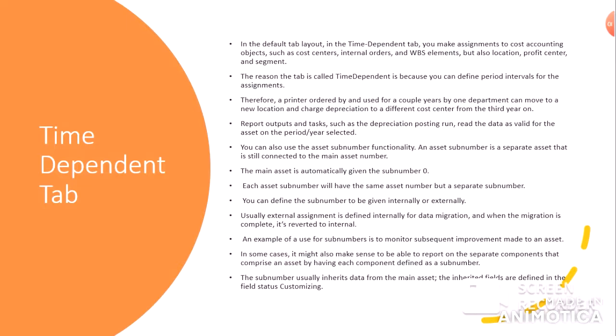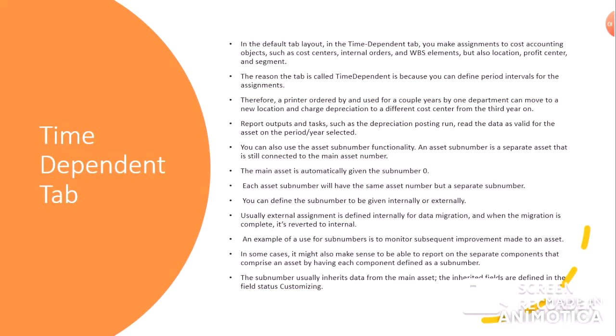So it depends on time. Till the period when it is in one department, they use the cost center related to that department, and when it moves out of the department, it will use the cost center of the other department. So the cost objects which we assign here are time dependent.